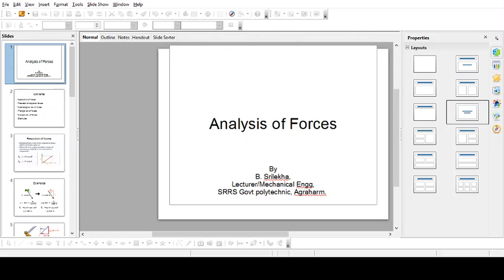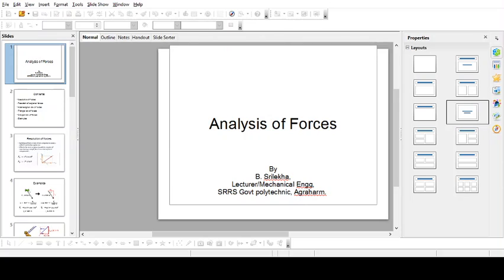Next, we have discussed the triangle law of forces. It states that if two forces are represented in magnitude and direction by the two adjacent sides of a triangle, then their resultant is represented by the third side, that is the closing side of the triangle taken in opposite direction.